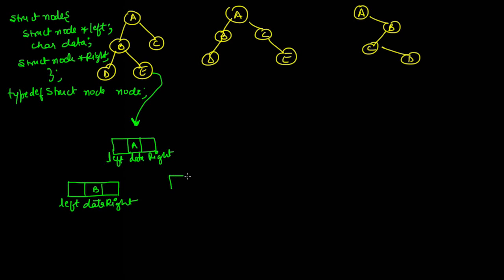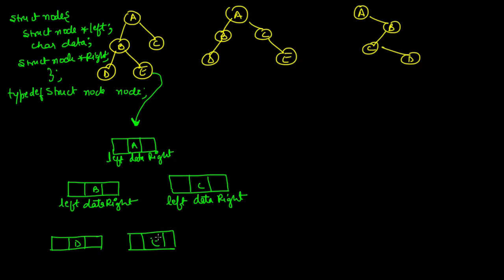There is a node which is storing C, with the left pointer, the data, and the right pointer. And there is a node which is storing D, and a node which is storing E. Each has a left pointer and a right pointer.